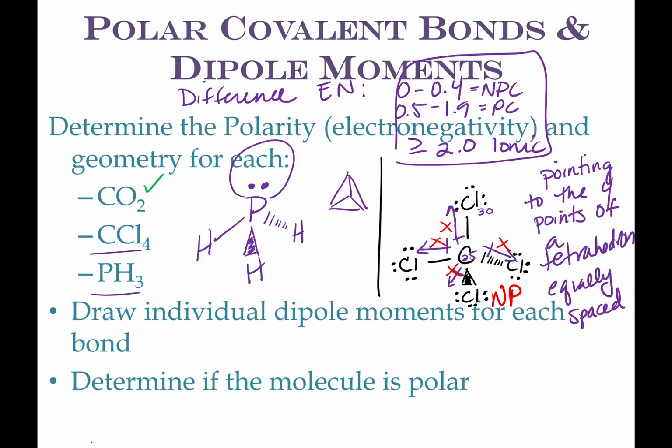Now, phosphorus has 2.1, and hydrogen is 2.1, 2.1, and 2.1. So none of these bonds are polar. These are all nonpolar. But I want you to look at this molecule, and I want you to tell me if you see an area of this molecule that might have more electron density than somewhere else.